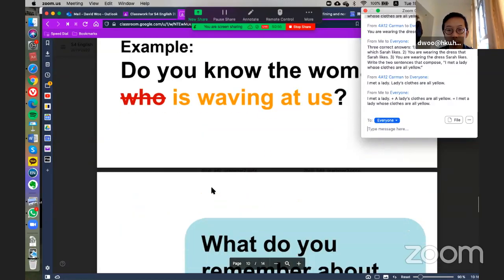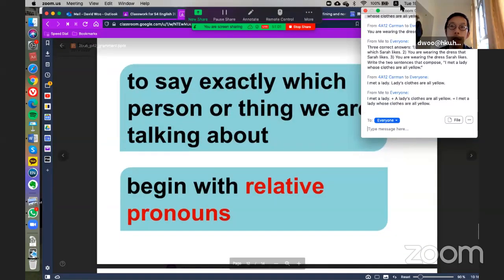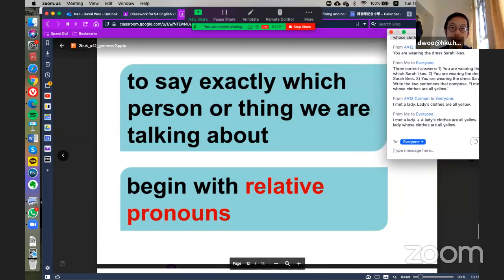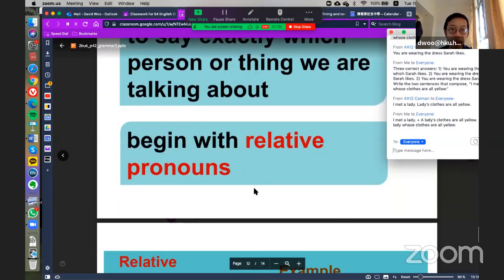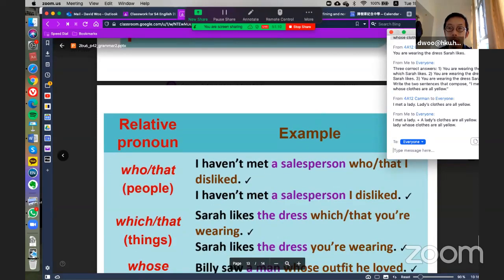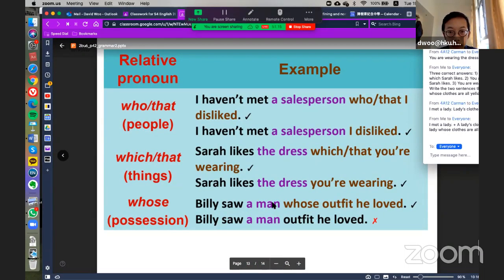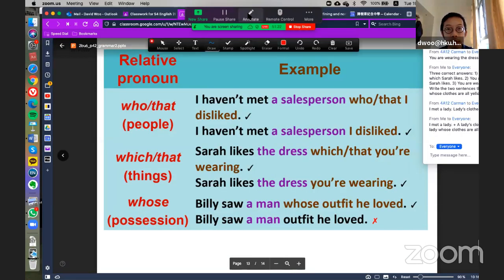Sure, I don't think that's too important. So again, defining relative clauses, they provide necessary information. You need relative pronouns. Oh, here are a lot of examples. And I'm pointing out here, you have who and that.